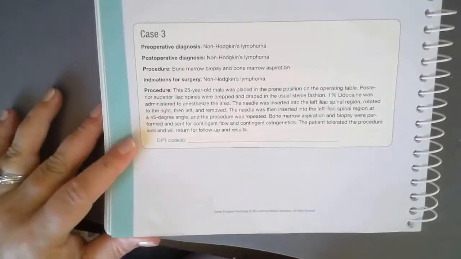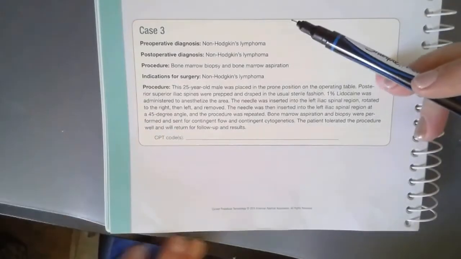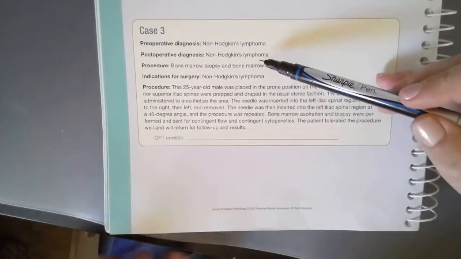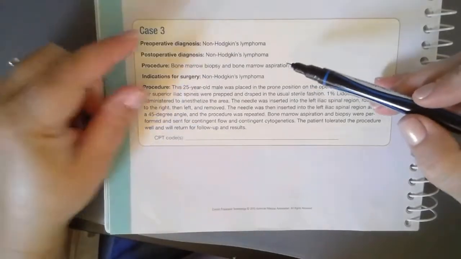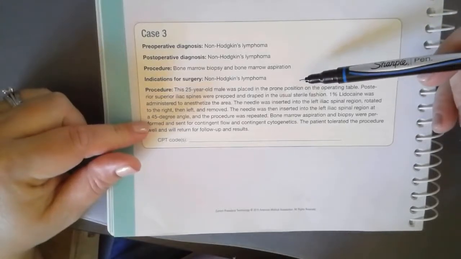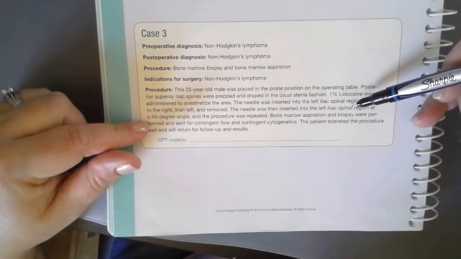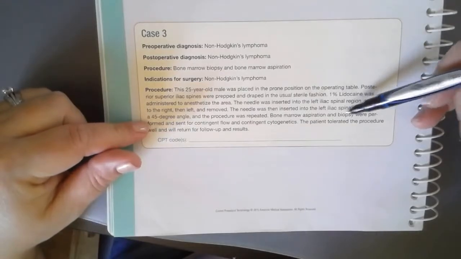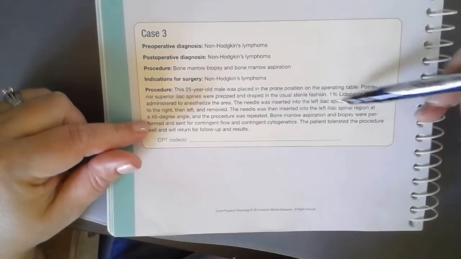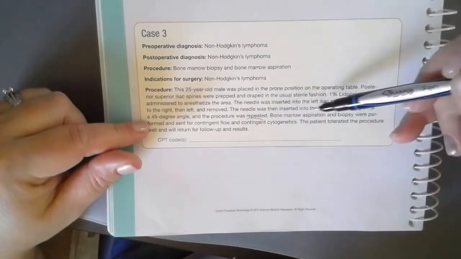All right, so case 3 is bone marrow and bone marrow aspiration. Okay, so let me read through this one more time real quick. Procedure was repeated.